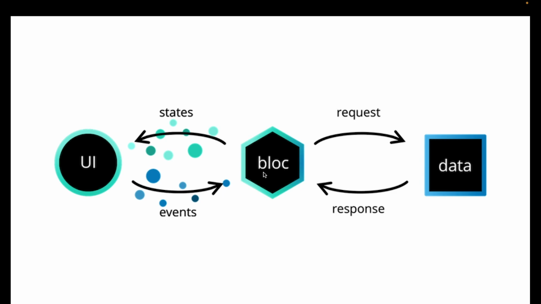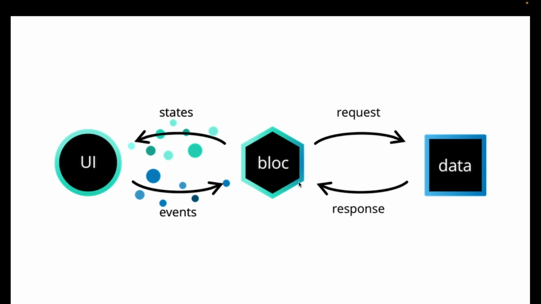Block kazi yake ni kupewa hiyo event, kuimplement when we implement that event, block kazi yake ni understand amepewa maelekezo gani. Kama kutokuwa no need to change the state for now, then atatuma information to the other layer. The layer atafanya kazi yake, atarudisha hiyo response. Block atachukua hiyo response, based on that response tutakuwa tumeshamwambia nini cha kufanya kutokana na response tofauti zitakazokuja kwenye data layer.